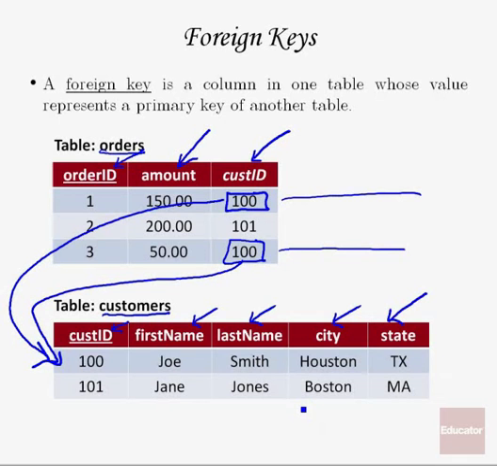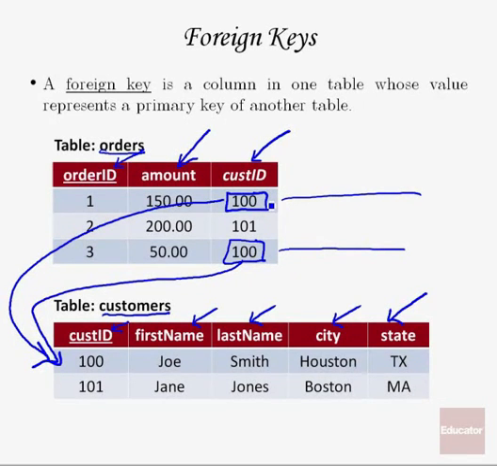One thing to note is that if you're going to use a foreign key, which again is a value that represents a primary key in another table, we know a primary key value indicates a unique row in a table. So if it's a foreign key, it's going to indicate a unique row in another table, in this case a unique row in customers. You just have to make sure that the data types match up here.